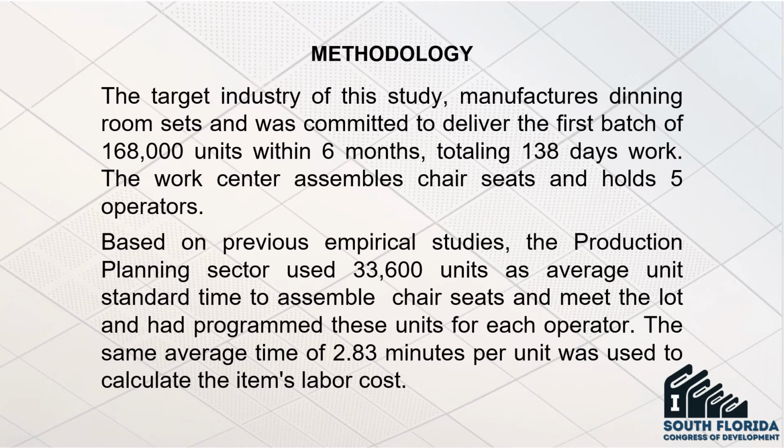The production planning sector used 33,600 units as the average unit standard time to assemble chair seats and meet the lot, and had programmed these units for each operator. The same average time of 2.83 minutes per unit was used to calculate the item's labor cost.